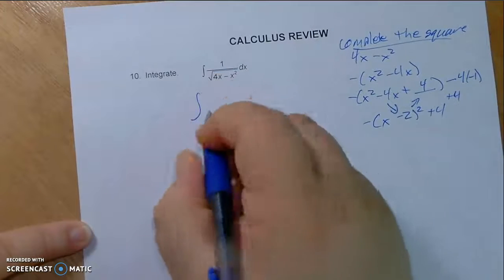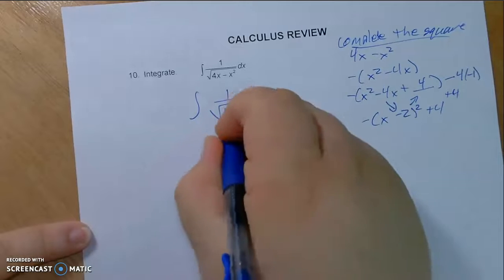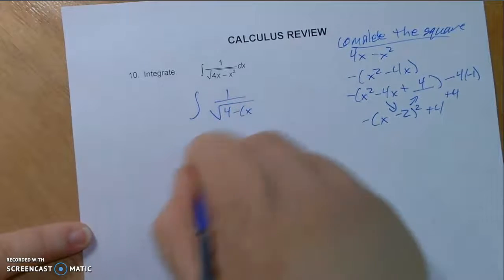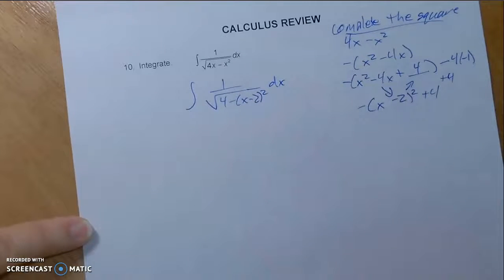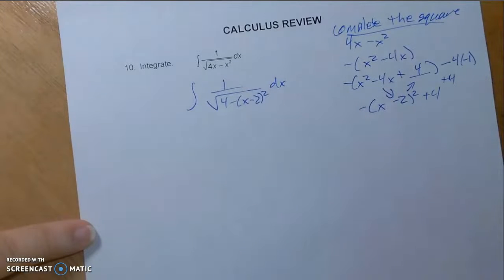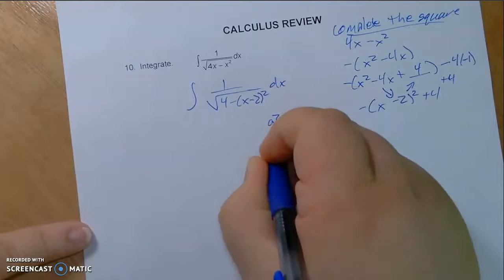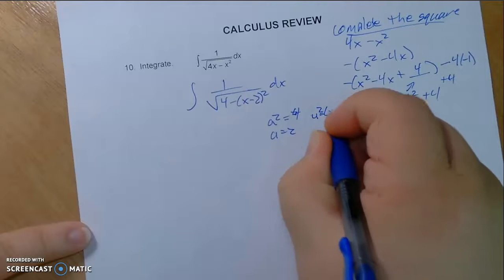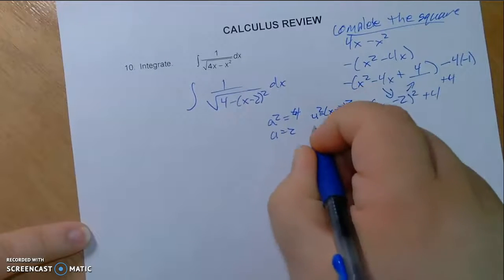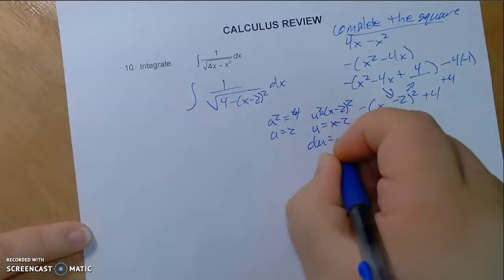So rewriting that under the radical in here, with the minus sign in the middle, we would have 4 minus x minus 2 squared dx. Okay, that looks pretty good. So a squared is 4, a is 2, u squared is x minus 2 squared, u is x minus 2, du is dx.